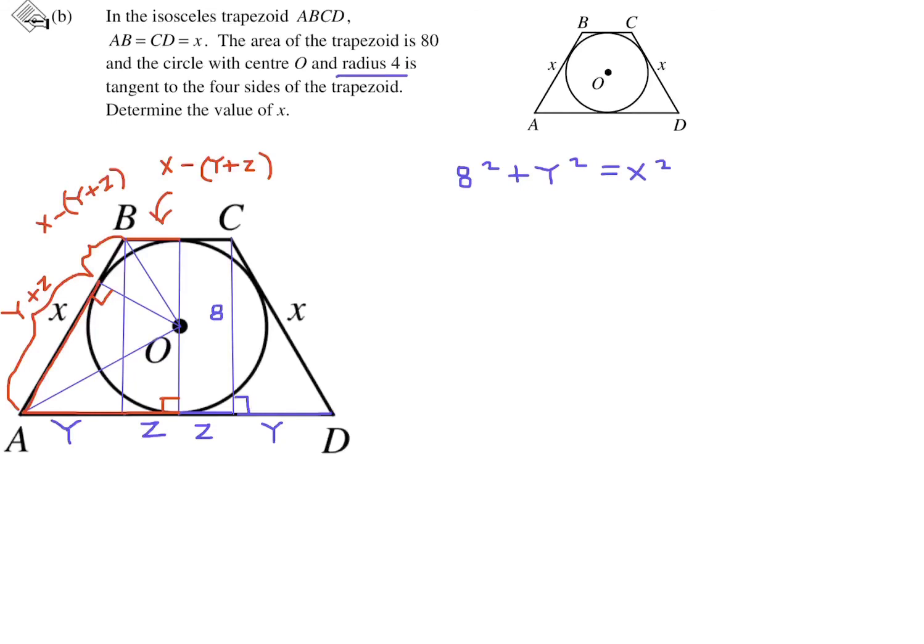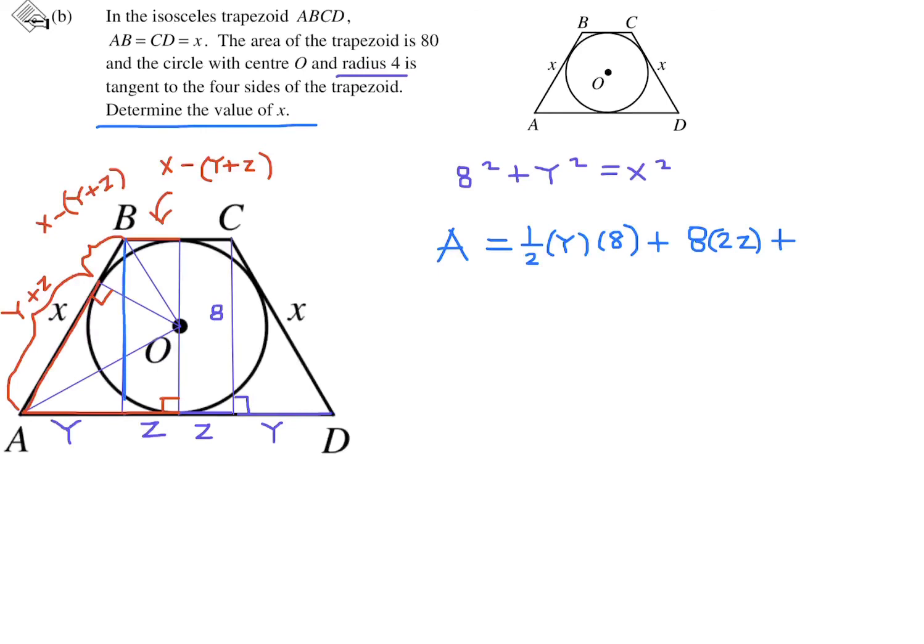So let's proceed with what they want in the question, which is the value of x. And we will do that by figuring out the area of the trapezoid. So the area of the trapezoid is going to be first this triangle, which is 1/2 base times height. The base is y and the height is 8. Then this rectangle in the middle there, which is of course length times width. The length is 8 and the width is right there, 2z, like that.